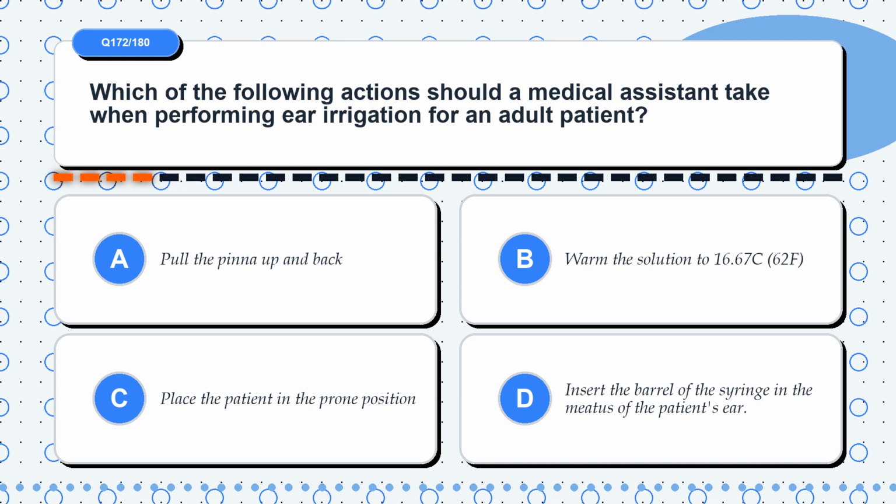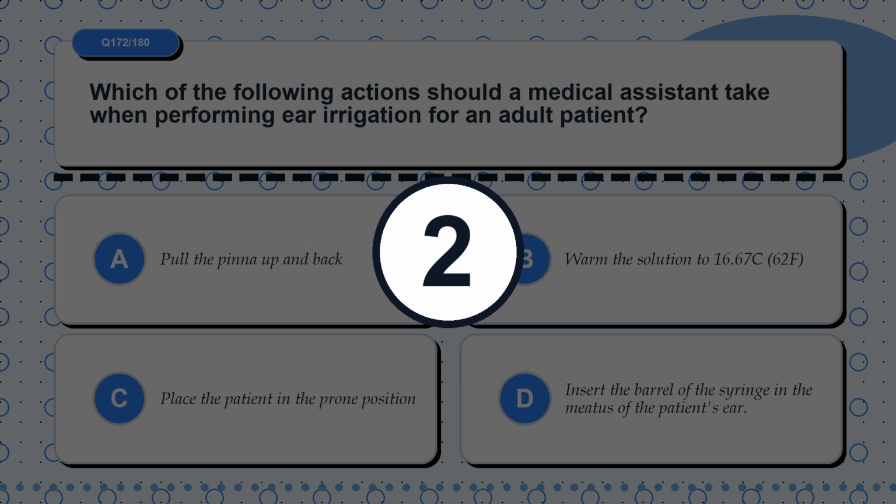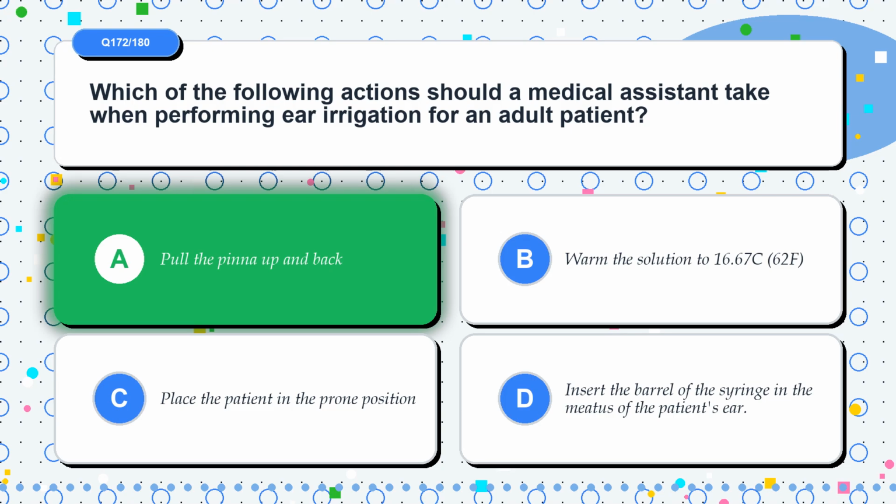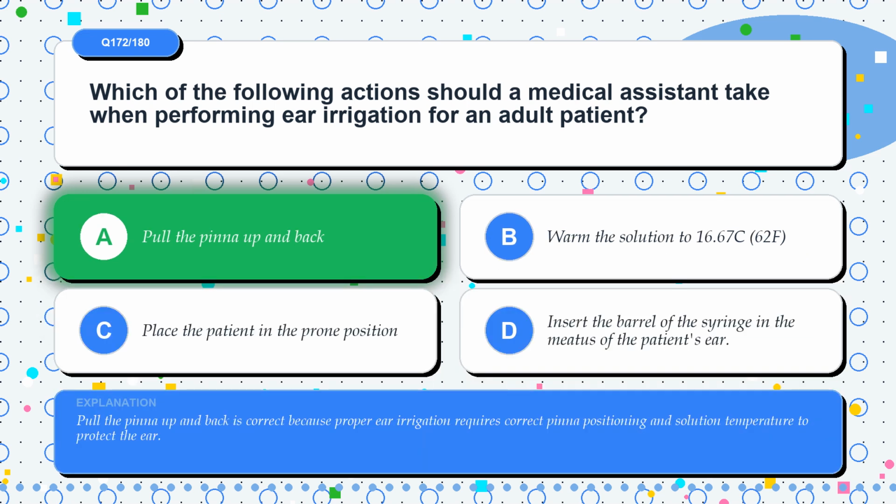Option D, insert the barrel of the syringe in the meatus of the patient's ear. The correct answer is option A. Pull the pinna up and back is correct because proper ear irrigation requires correct pinna positioning and solution temperature to protect the ear.